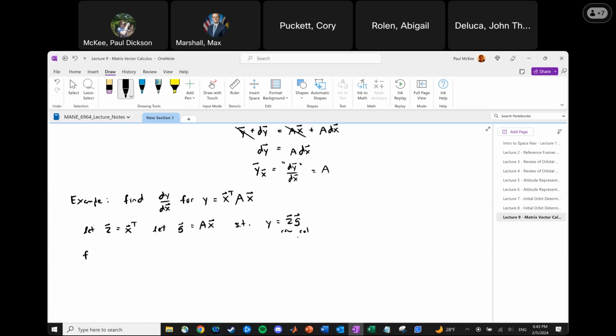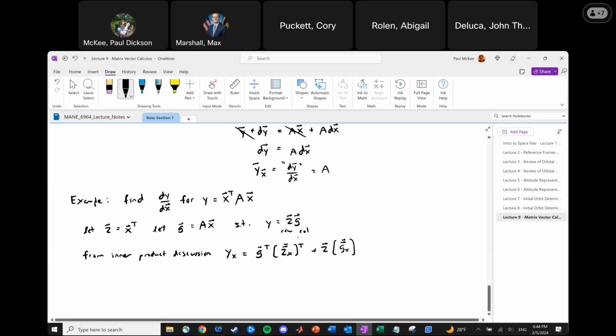So from our inner product discussion, we know that the derivative of y with respect to x would be g transpose times the derivative of z with respect to x transpose, plus z times the derivative of g with respect to x. So let's think about that for a little bit. If we say z transpose plus some differential element of z transpose, well, that's the same thing as x plus dx.